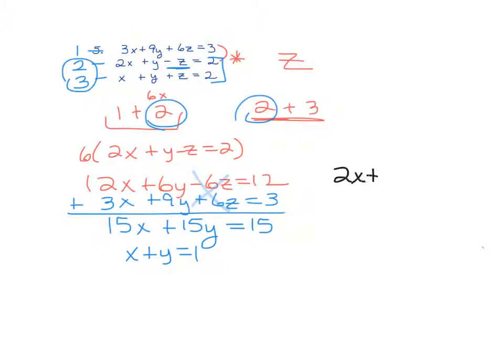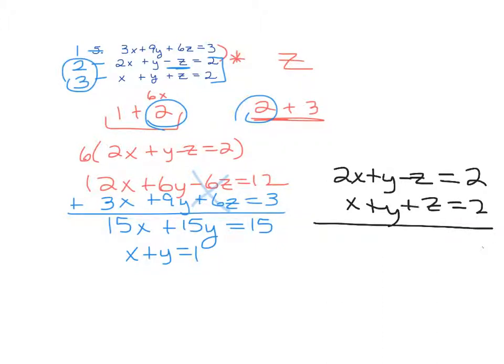So 2x plus y minus z equals 2. And then x plus y plus z equals 2. I'm going to add these up. When I add these, I get 3x plus 2y. The z's cancel, equals 4.